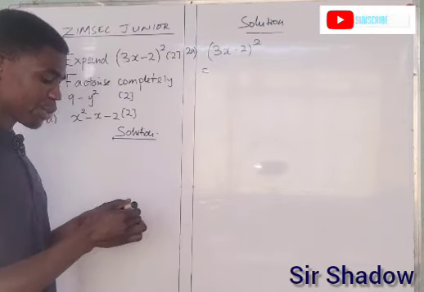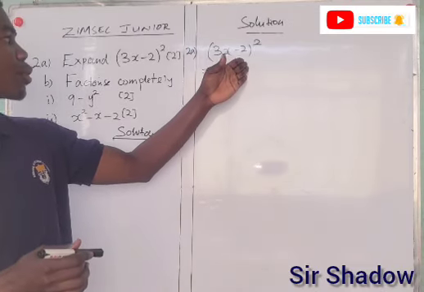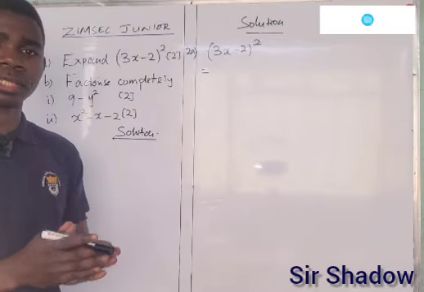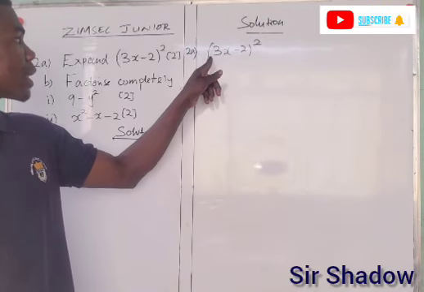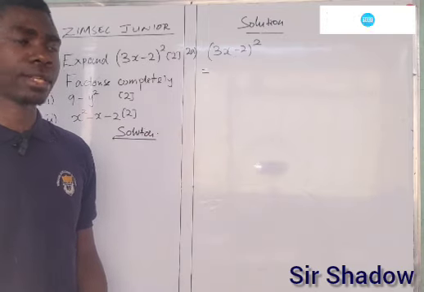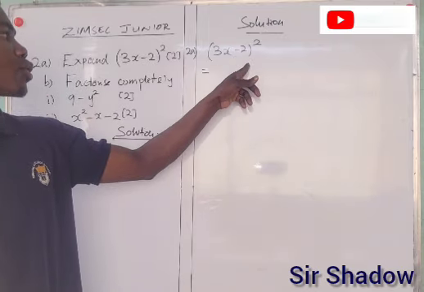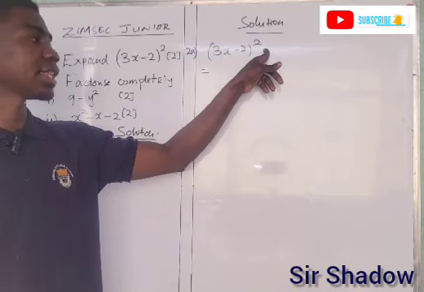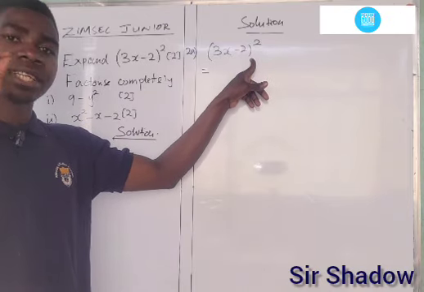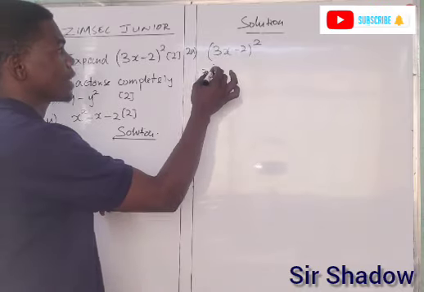So we want to see how to expand (3x minus 2) whole squared. For us to expand it, remember 3x minus 2 was repeated twice. That's why 3x minus 2 was given the power 2, meaning that 3x minus 2 was repeated twice.